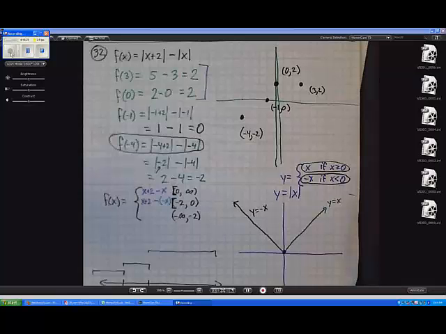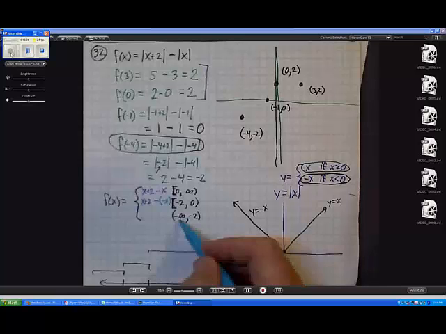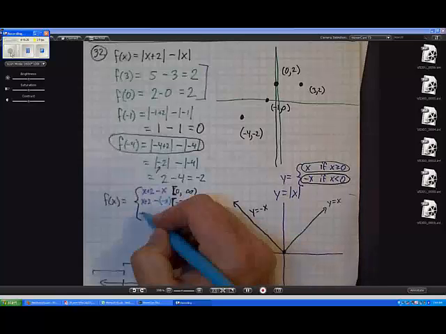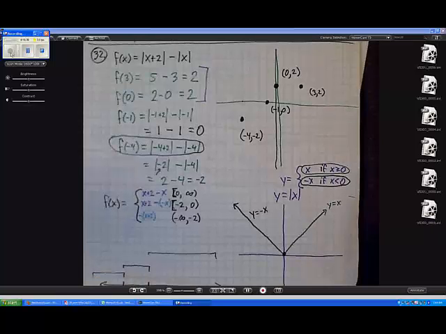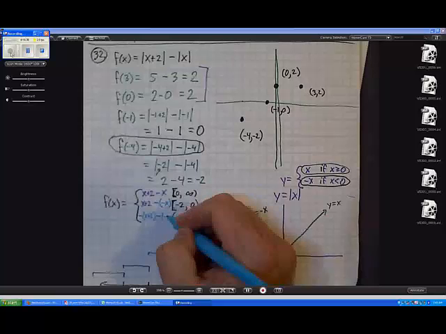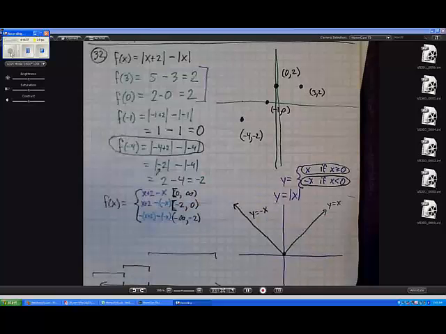When I do put in a negative number, I get negative x plus 2 minus negative x. This is tough. Well, let's simplify it and see what happens now.